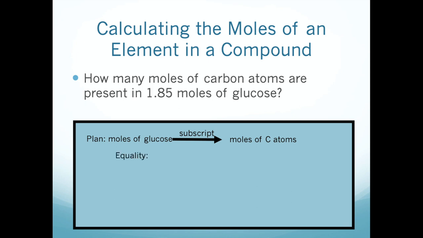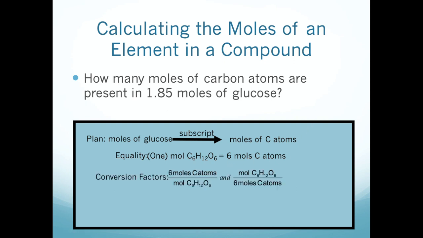But if we scale that up, there are 6 moles of carbon in every mole of glucose. And since we're dealing with moles here in the question, that's kind of why we're talking about moles of carbon. So essentially, there's 6 moles of carbon per mole of glucose, or to put it the other way, for every mole of glucose, there are 6 moles of carbon.